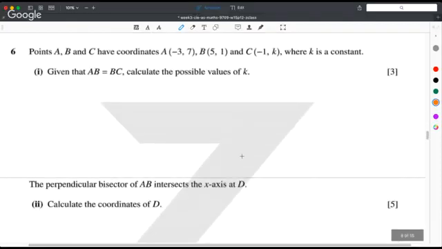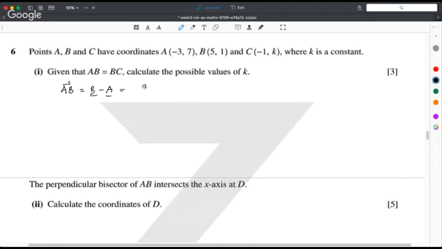Okay, question 6, vector question. We're given these 3 points, and we're told that the line from A to B has an equal length to the line from B to C. The line from A to B, well, that's just B minus A, right? We've been over why that's the case.